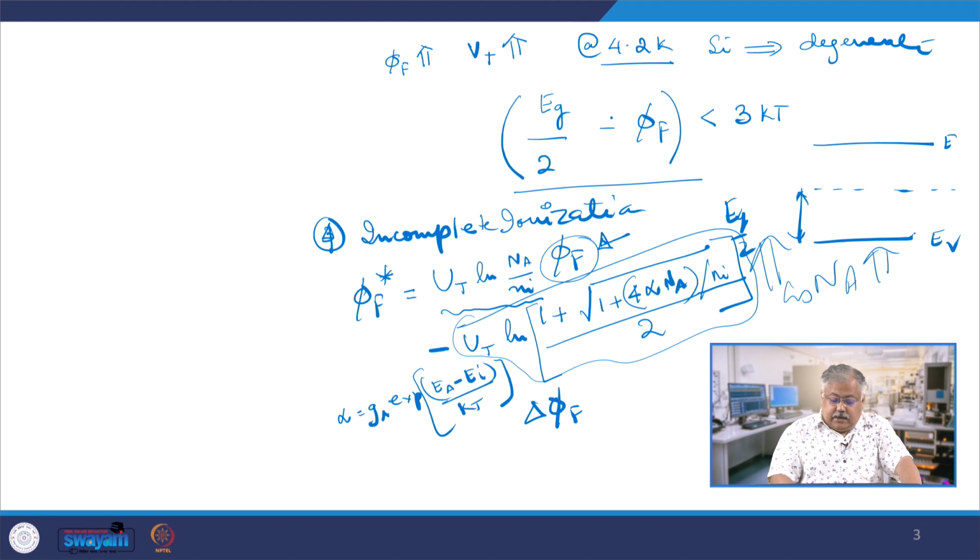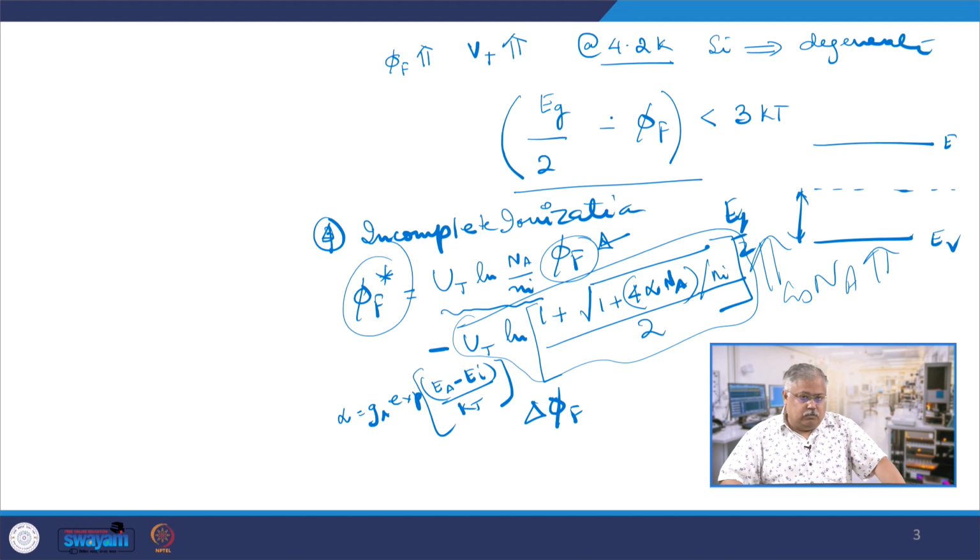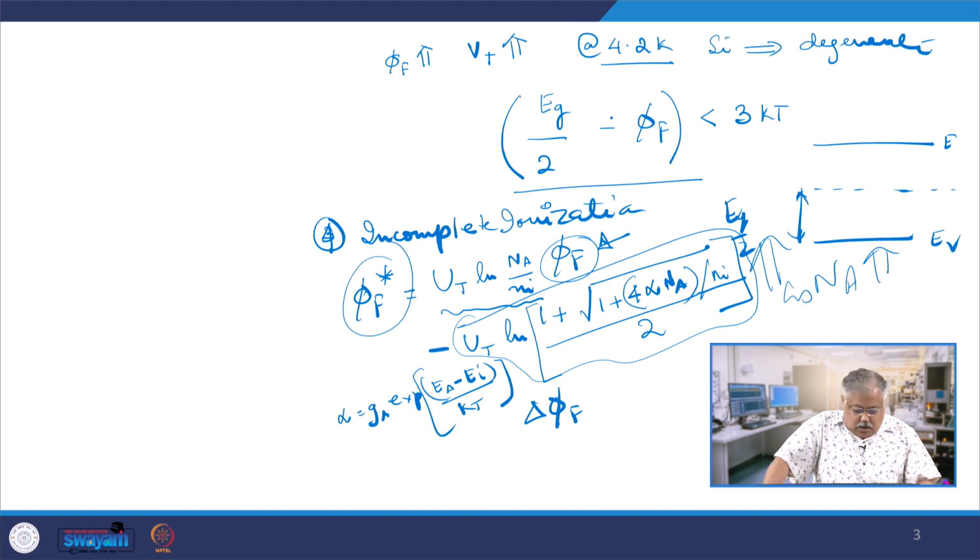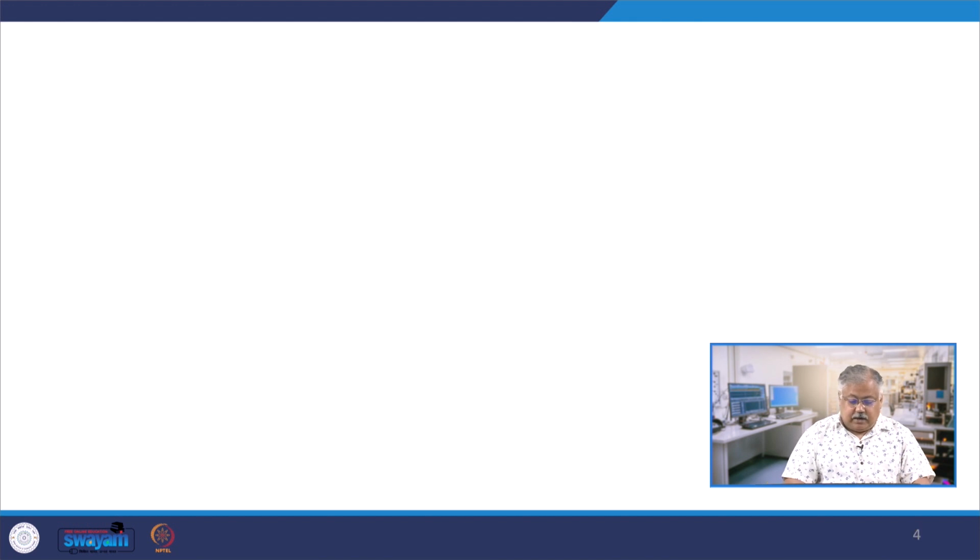As a result, the difference between phi f and the revised new value phi f star becomes lower and lower, and at a very high value of Na, they might be almost equal to each other, thereby making my phi f star almost equal to 0. This is what I initially called an incomplete or almost freeze out condition. So, these are the few basic concepts which you should be aware of as far as incomplete ionization is concerned.